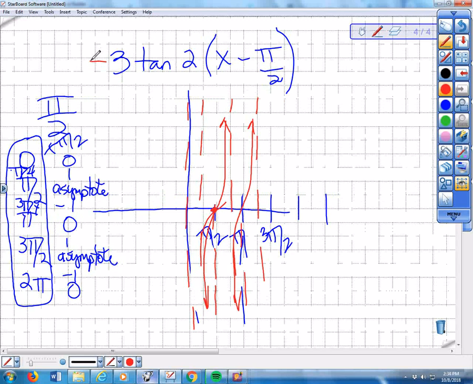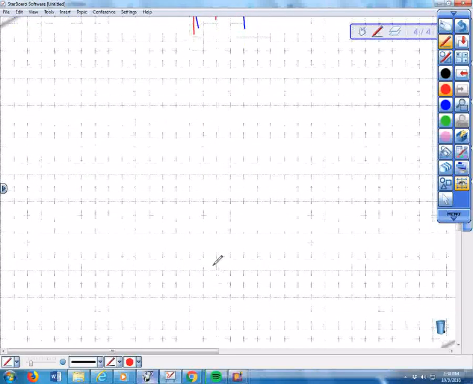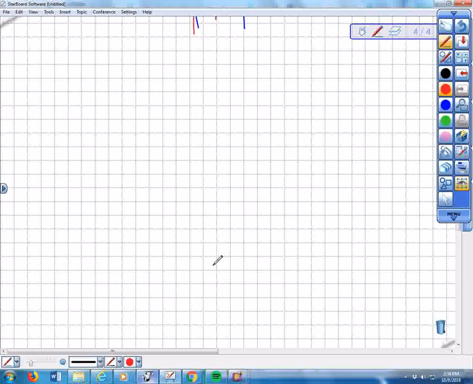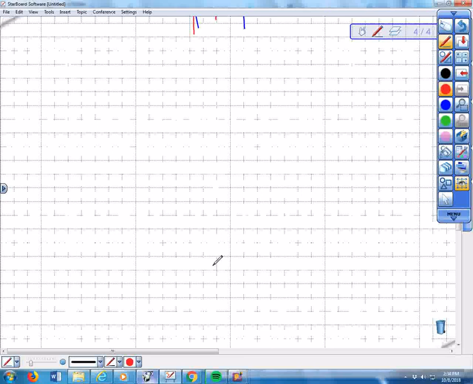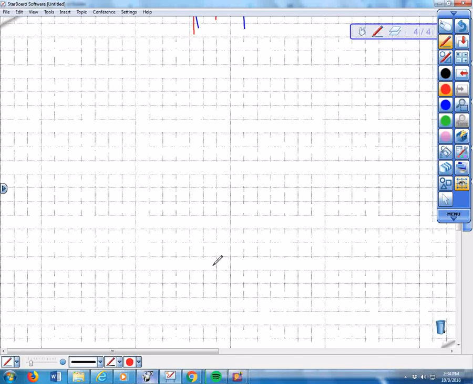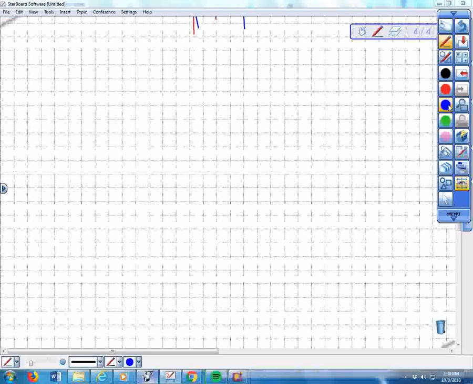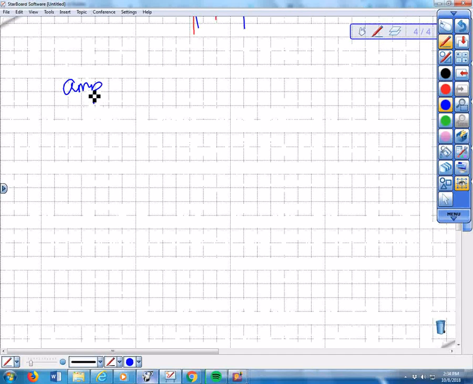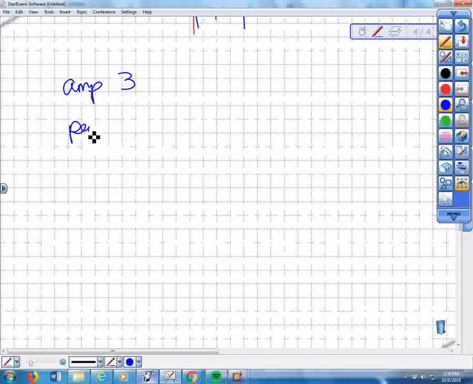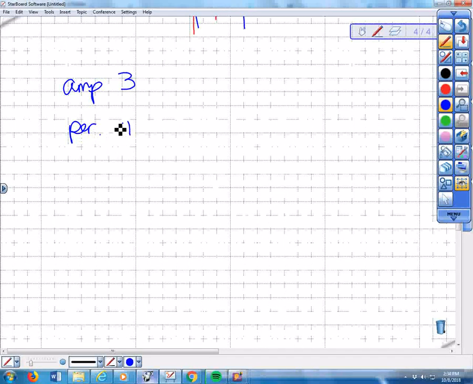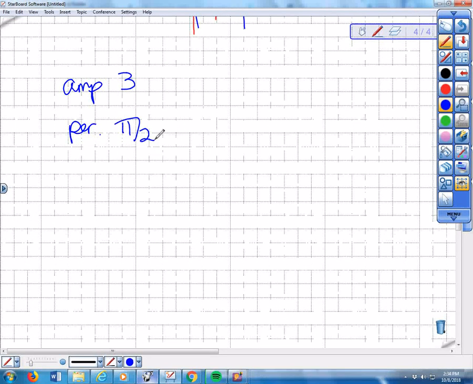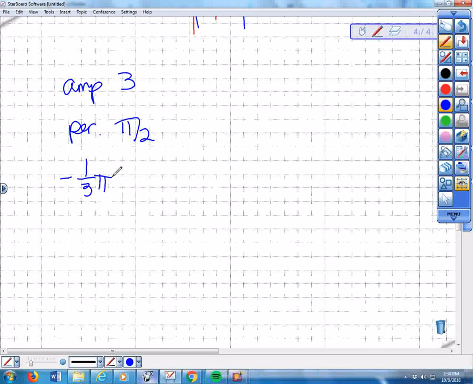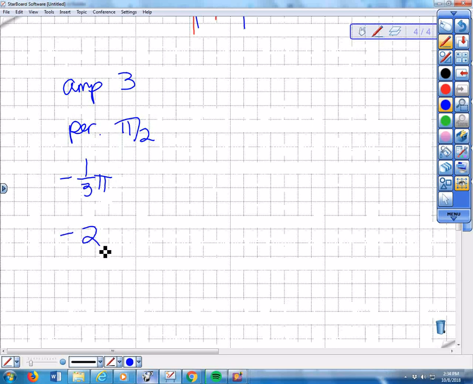Okay, so the last kind of question here is, I want you to write a sine function when the amplitude is 3, the period is pi over 2, phase shift is negative 1/3 pi, and the vertical shift is negative 2.